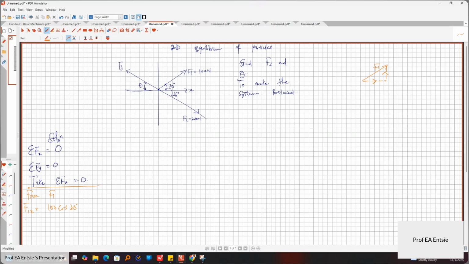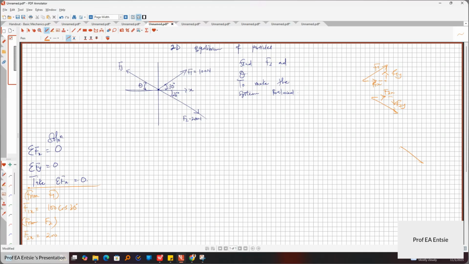Then from F2, I'll get F2x, which will be equal to 200. So F2 is going like this, so the component will go like this. Go right, go down. So there is F1x, F1y, there is F2x, F2y.